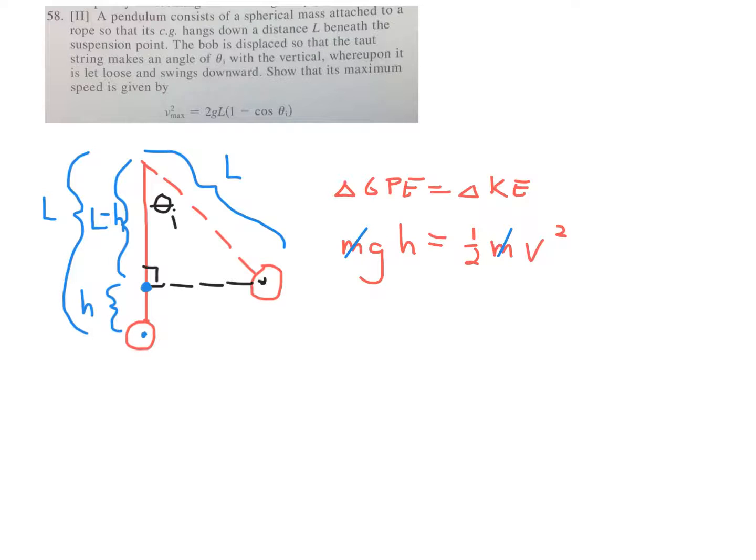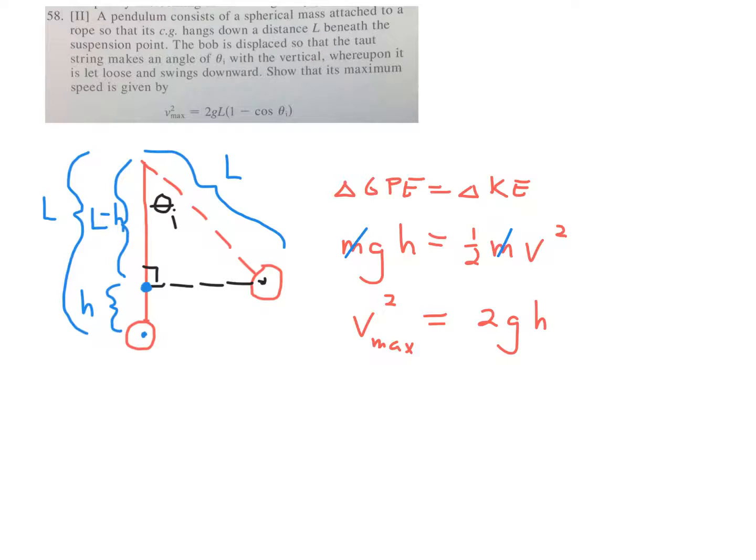And you can start to see things taking form. If I rearrange a little bit, I have v squared, and that's my maximum speed. In the symbolism in the stated question, they want you to have v max. Well, that is v max. I'm not going to keep writing that, but that's v max squared equals 2gh. Now that looks almost like our answer. It's in a similar form, but way too simplified.